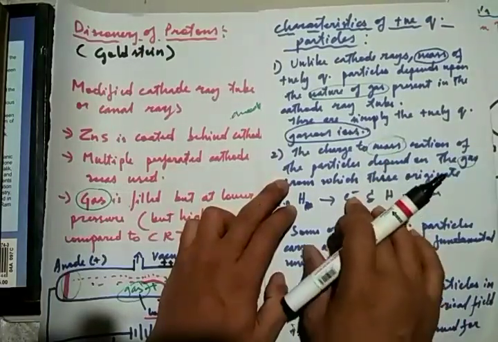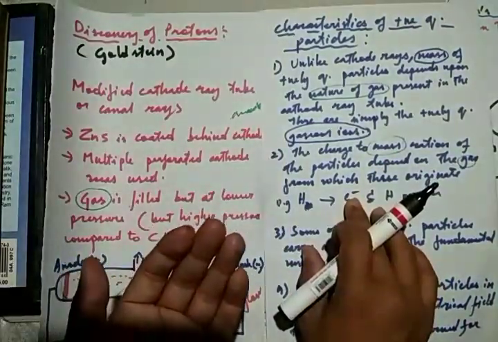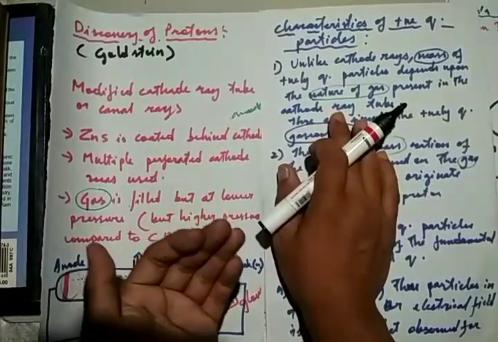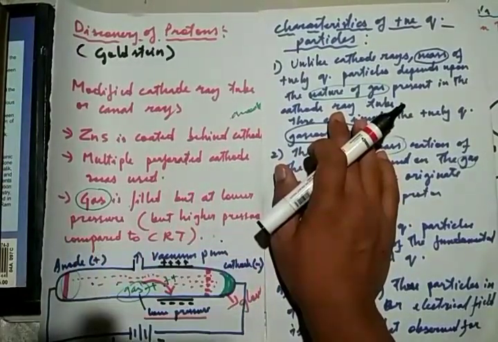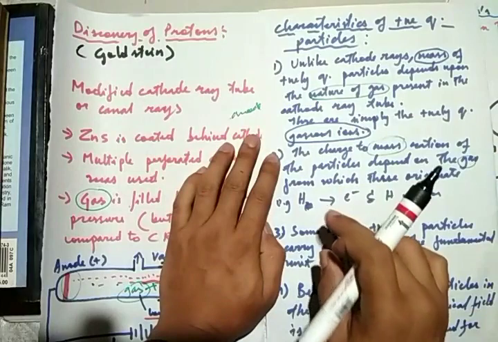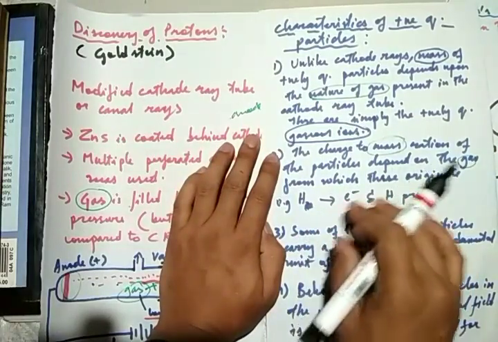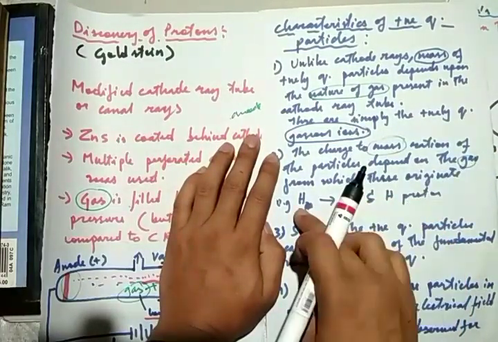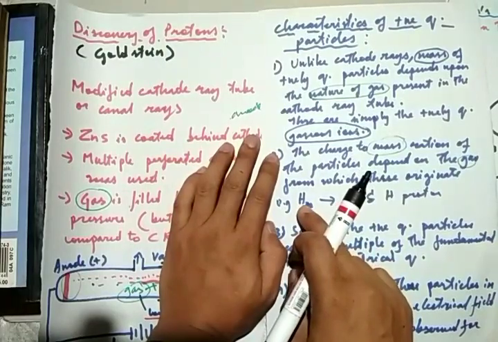We discussed the charge to mass ratio of the electron, but for the proton the charge to mass ratio will vary for every gas. Take an example of hydrogen.